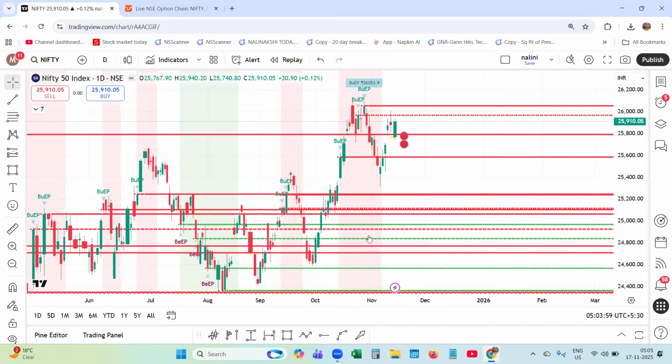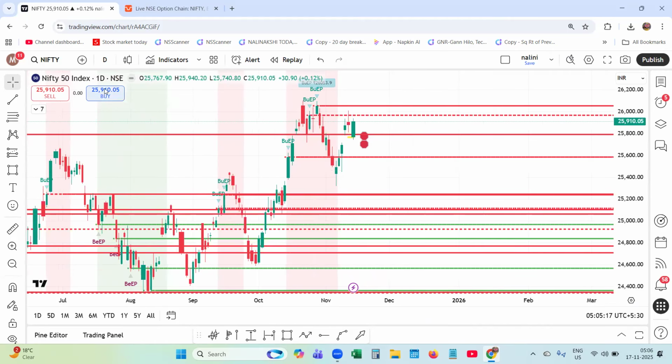So friends, here you can see put option 24,955, longer term 24,849 and 24,574. These are the longer term support for the market which is existing on the chart. You can clearly see these are the support lines existing.